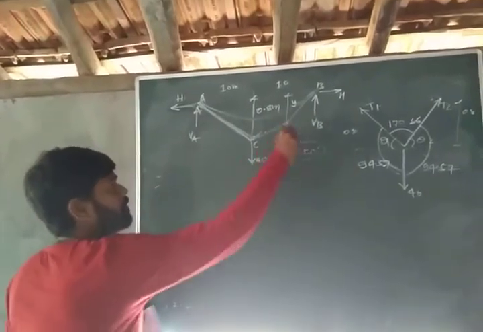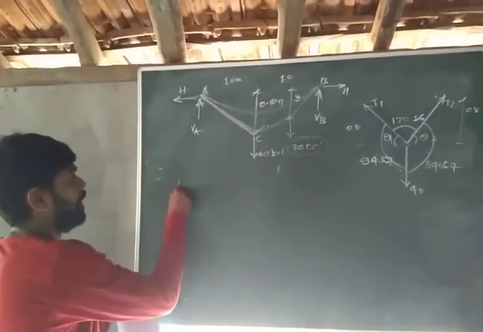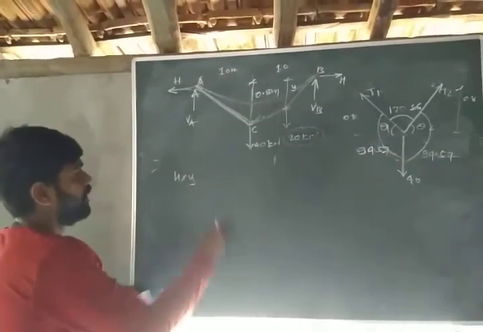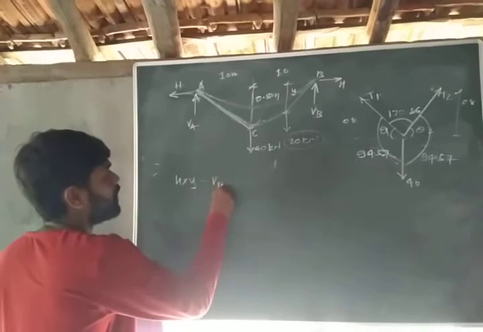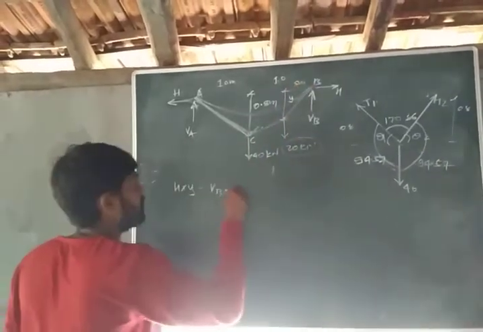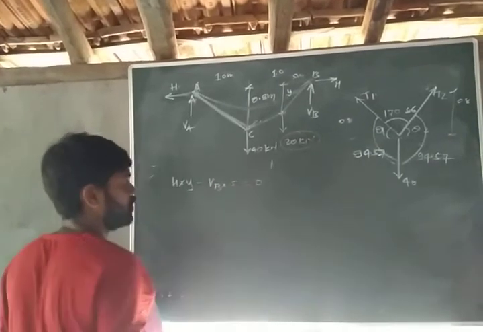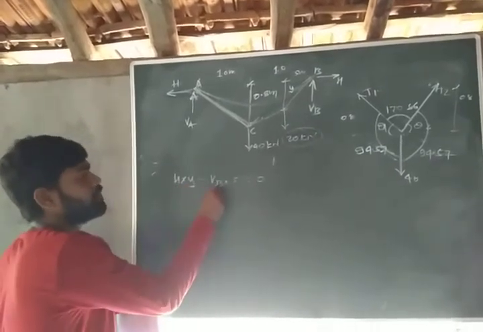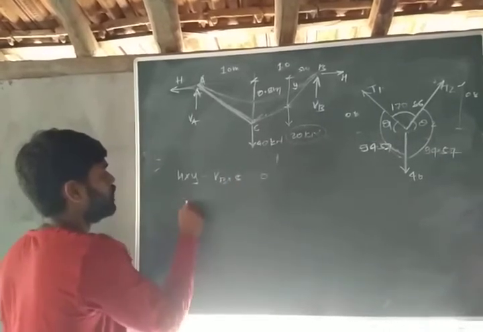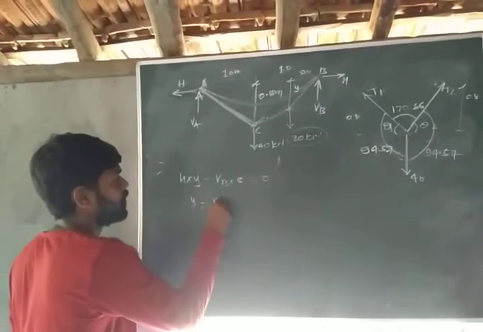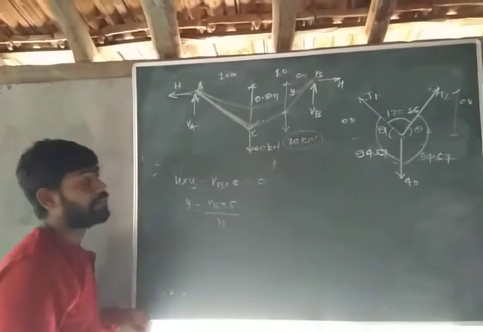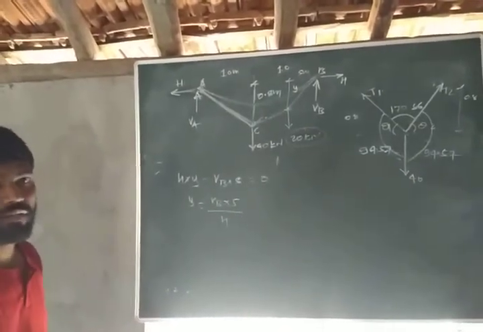So if you take this section, H multiplied by Y is one moment, and the other moment will be VB multiplied by the distance. Let us say this is 5 meter. So H multiplied by Y minus VB multiplied by 5 equals 0. Here H is known to you, VB is known to you, so only Y you have to calculate. So Y will become VB multiplied by 5 divided by H. So you can calculate the deflection of the other point also.